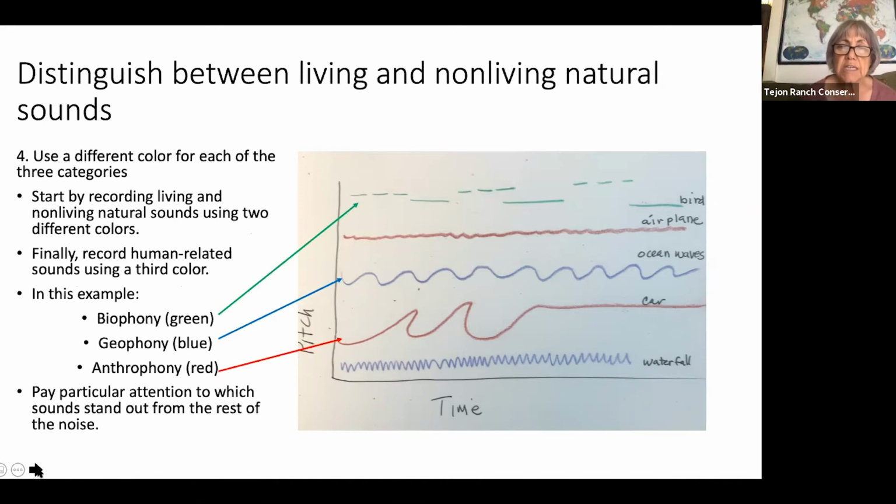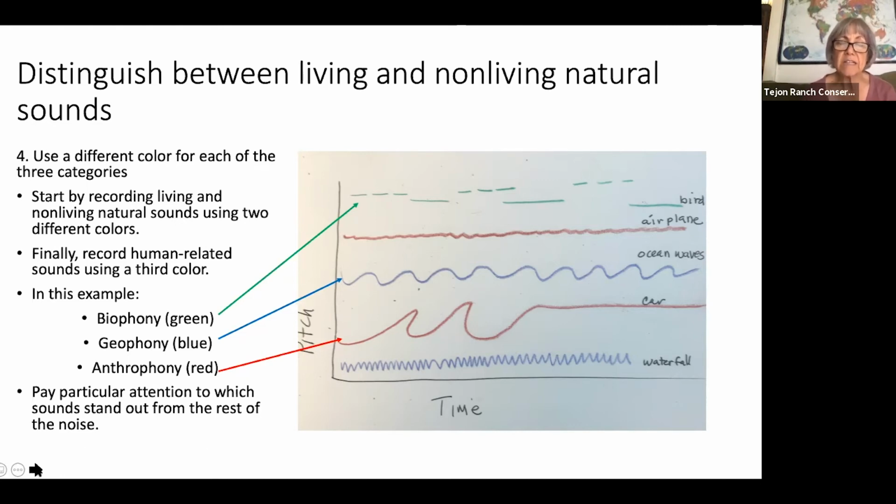Record those first, and then put in the anthrophony, the human-made sounds. In this graph, the green is the biophony, the red is the anthrophony, and the blue is the geophony. You don't need to use those particular colors, but you're certainly welcome to. Whatever colors you want is fine.